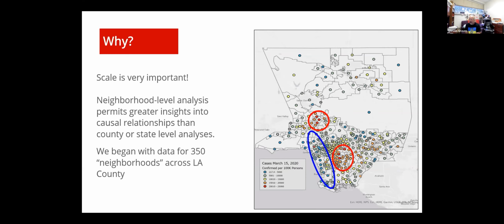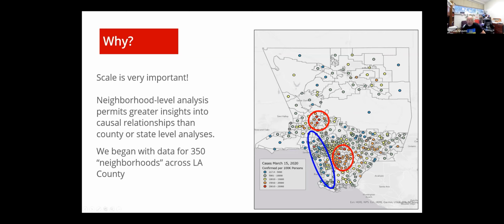We also were unimpressed by a lot of the other analysis of COVID-19 rates at the state level. Scale became very important to us because we understood by mapping it at the neighborhood level that there were vast disparities in the rate of COVID-19 at the neighborhood level.